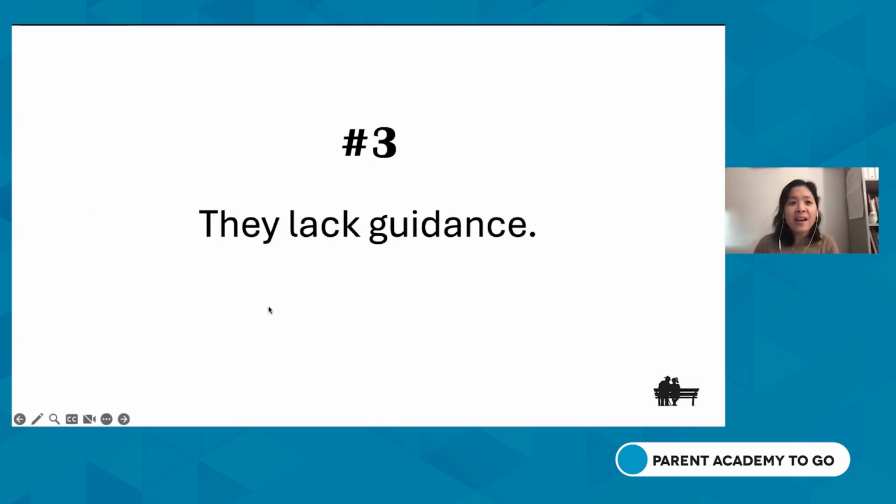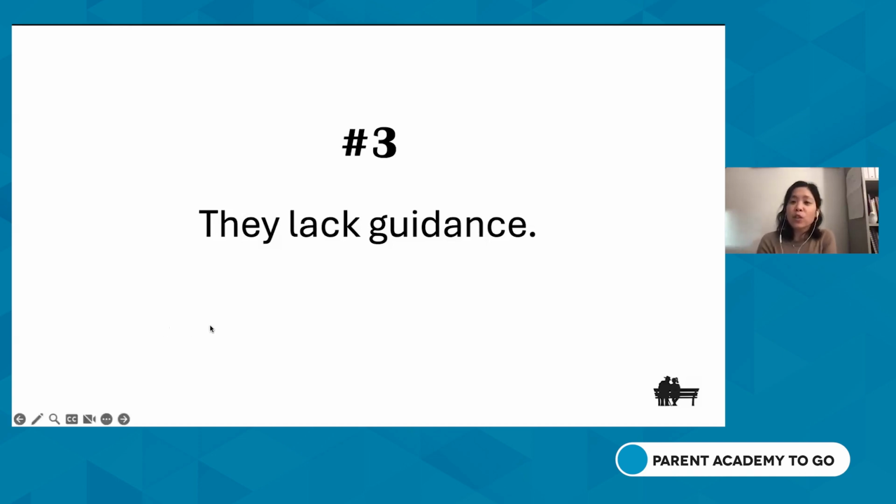Number 3, one of the reasons why the older and younger generations do not connect well is they lack guidance. We talk about social skills all the time, and we often have to prompt our kids and teach our kids, even provide them with scripts on how to interact with somebody else.